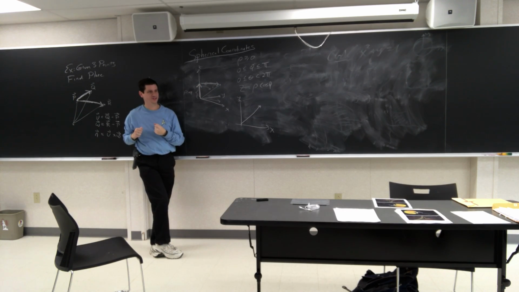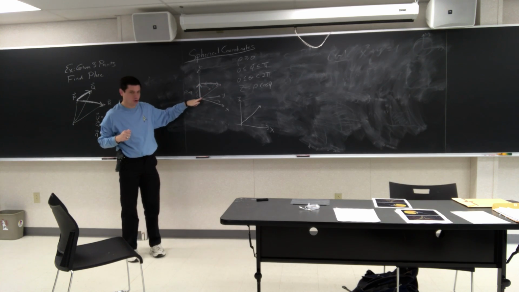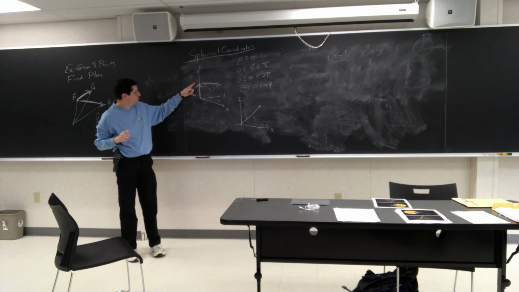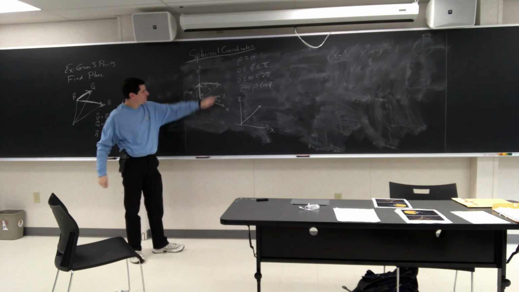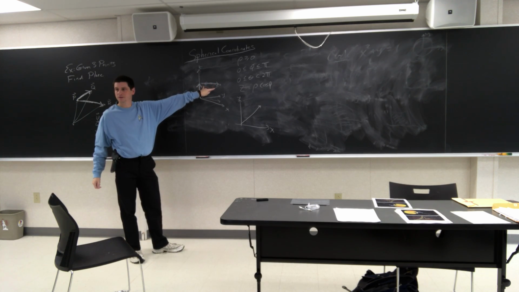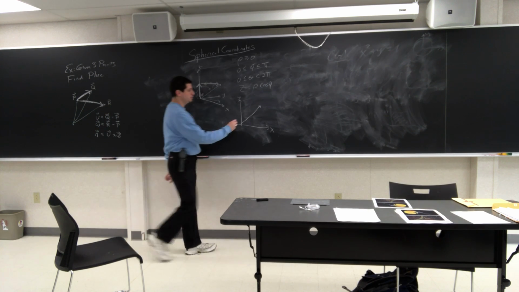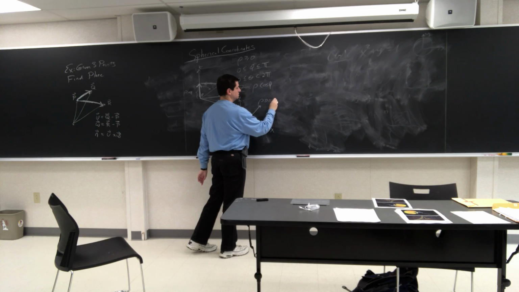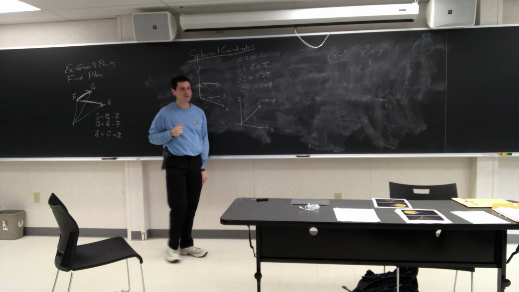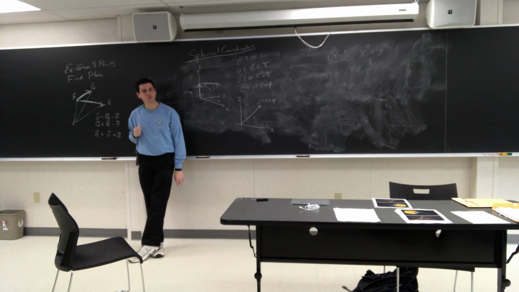I love right triangles, right? If this whole length is rho, that's the length of the vector, and this is rho cosine phi, what do you think the length of this vector would be here? Rho sine phi. So this length would be rho sine phi. And because we want this to look like polar coordinates, what do you think we should call rho sine phi?